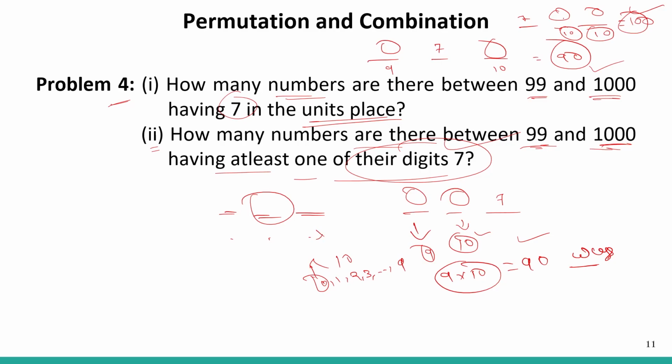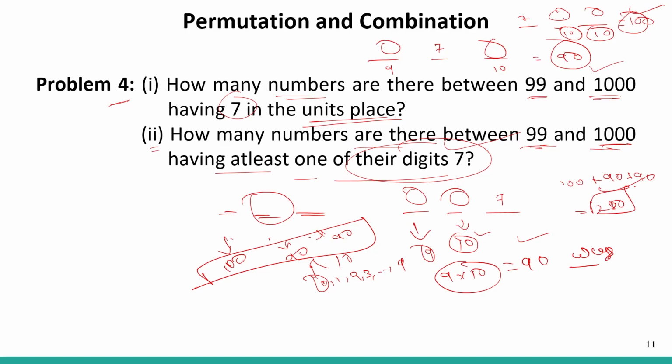So basically 100 plus 90 plus 90, that is equal to 280 choices. So basically 280 numbers are there where at least one of the digits is 7 between 99 and 1000.